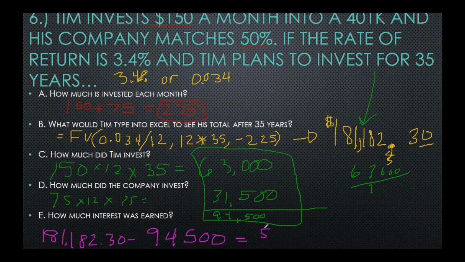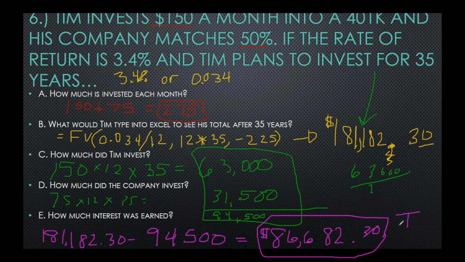Subtract the difference, and we end up with $86,682.30. So the difference between the amount invested, which is the green numbers, and the ending amount, which is the yellow number, gives us the purple number, which is the interest.